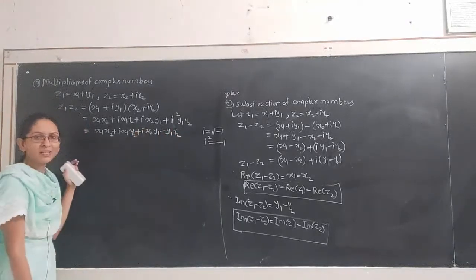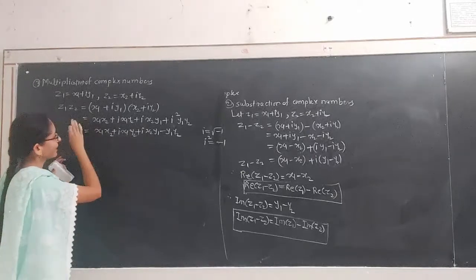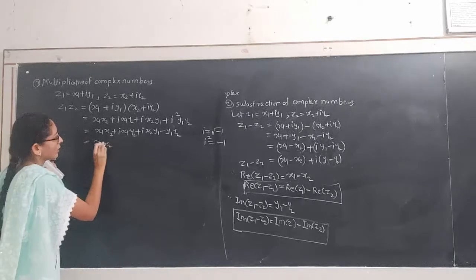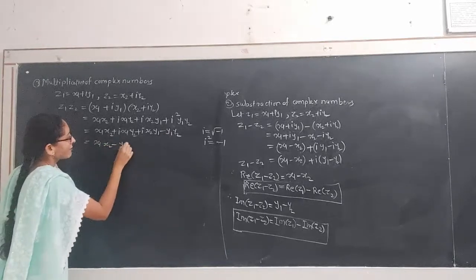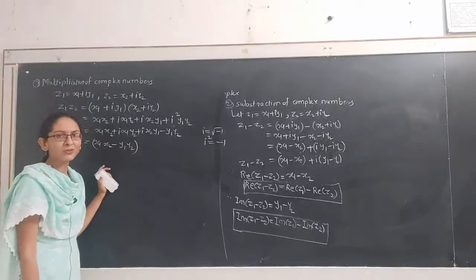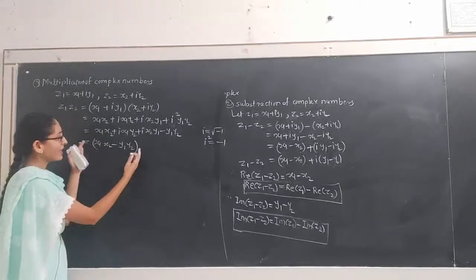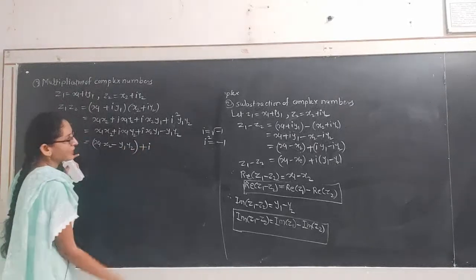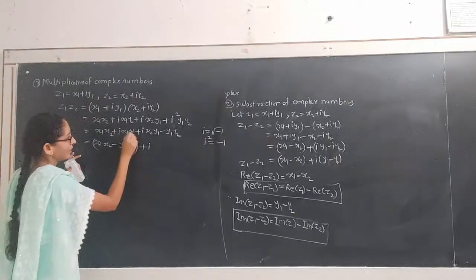Separate the real and imaginary parts. For the multiplication also, we get x1 x2 minus y1 y2, because these terms are not coefficients of i, so we collect them in one bracket, plus from the remaining terms we take i common.